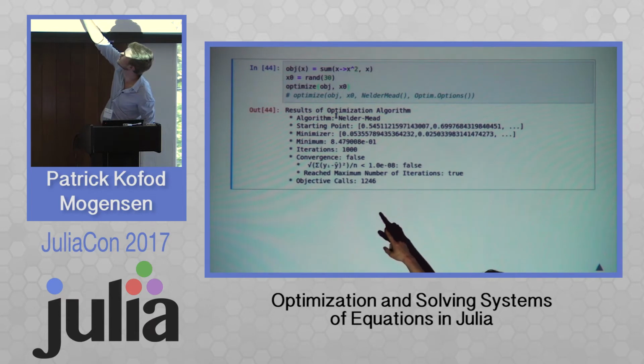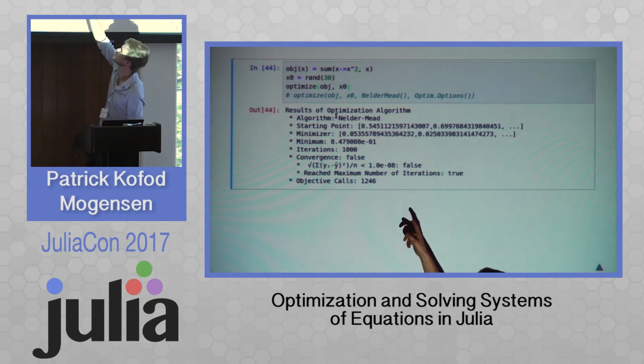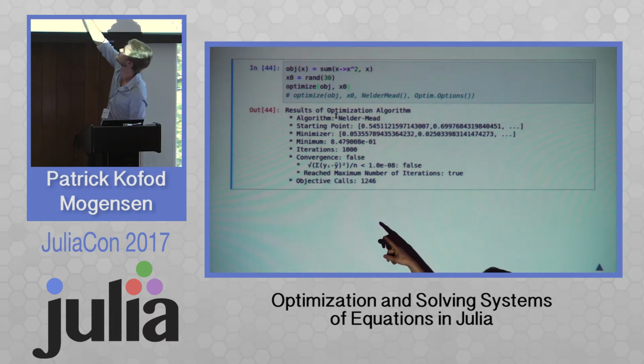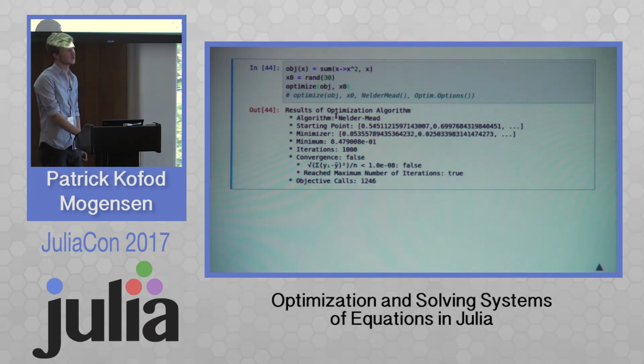Because this criterion that we have for the Nelder-Mead, which is sort of like a variance of the points in the simplex around the centroid, so like the center of the simplex, was not below some default value. Okay, it reached the maximum number of iterations, true, and we had 1,246 objective function calls.